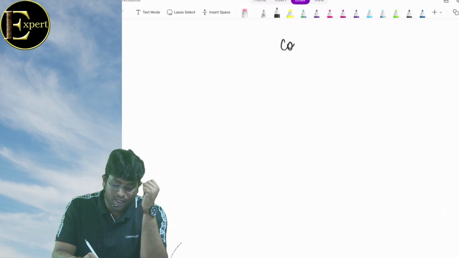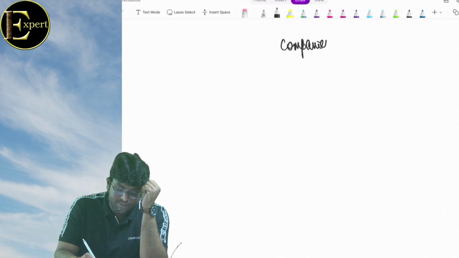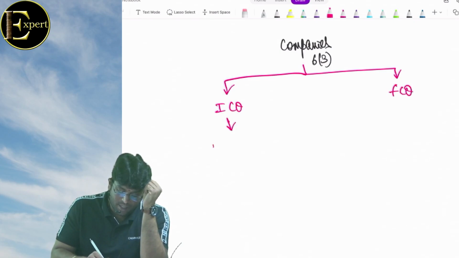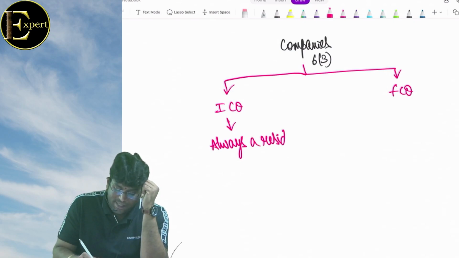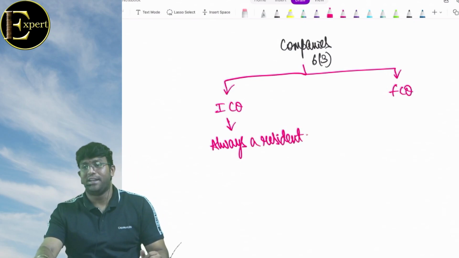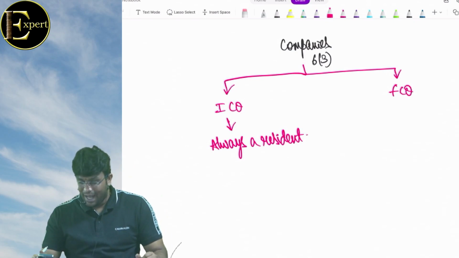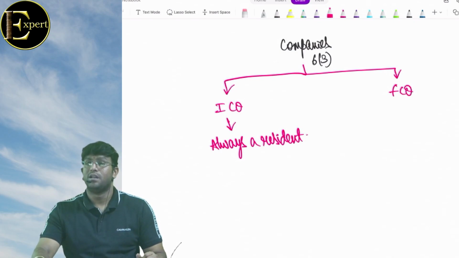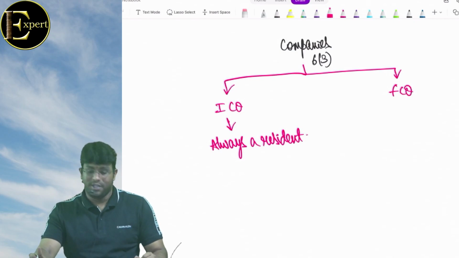Next, in case of companies, given by 6(3), there are two types of company: Indian company and foreign company. An Indian company is always a resident. What is an Indian company? A company incorporated in India as per the existing Companies Act or any other previous law.